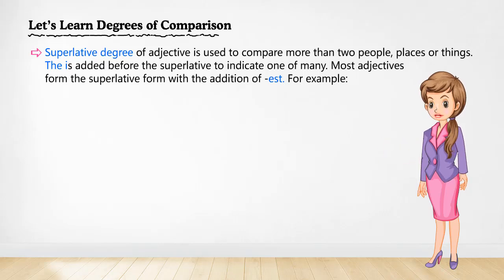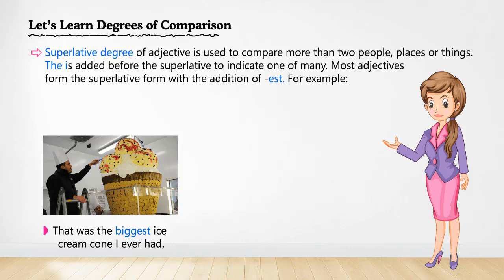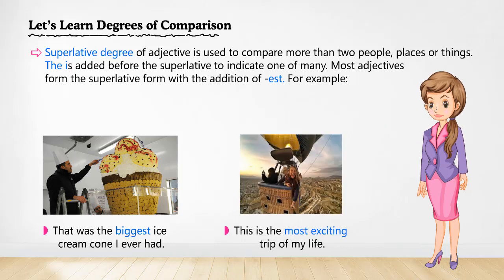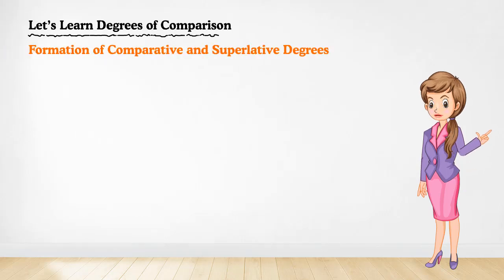The is added before the superlative to indicate one of many. Most adjectives form the superlative form with the addition of est. For example, that was the biggest ice cream cone I ever had. This is the most exciting trip of my life.